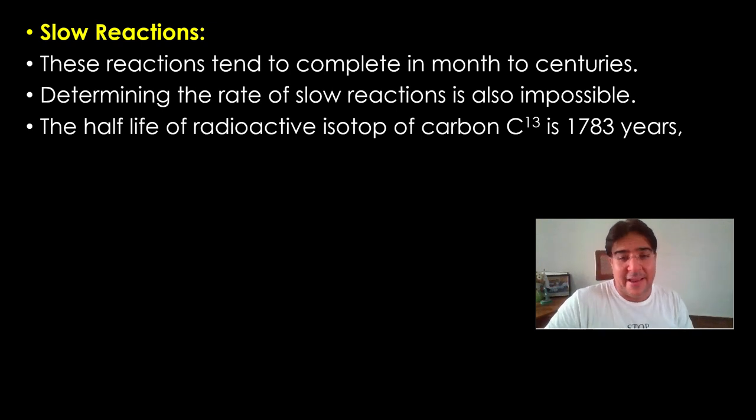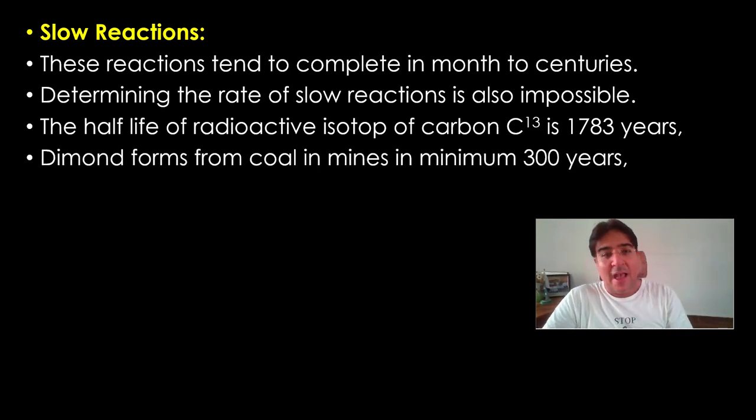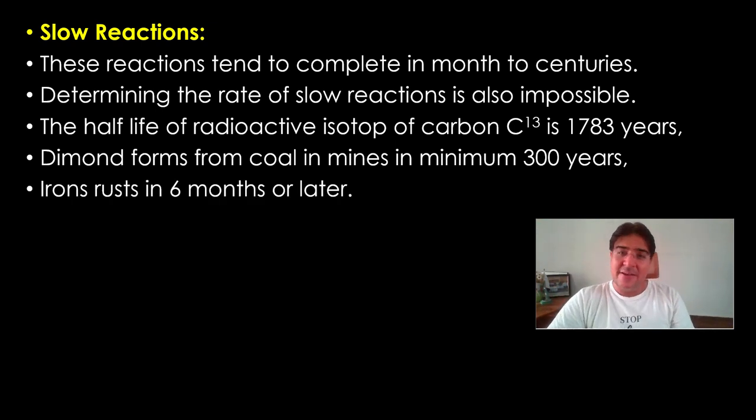No human can actually find its rate. And diamond is made in the coal mines when coal is there for 300 years or more. Very slow reaction. Okay. Iron rusts in 6 months or later, depending upon the condition. So these are also very slow reactions, and we cannot determine their rates.